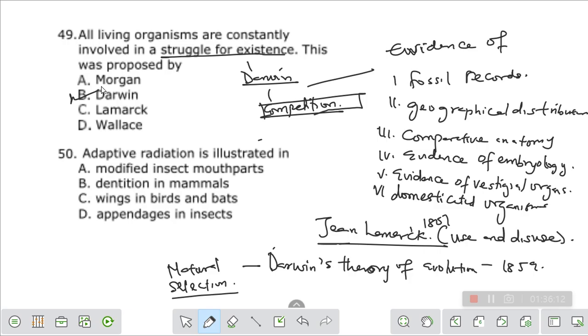So the answer is modified insect mouthparts. That's the answer for adaptive radiation. So I think with this we are done with the question.